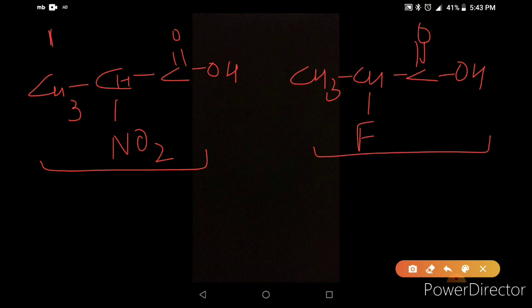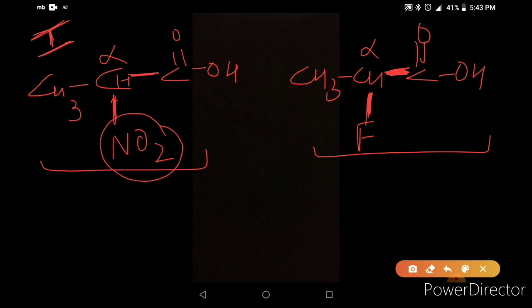The first point to be remembered is the distance, because minus I effect or plus I effect operates through distance. The farther the distance of the electron withdrawing or electron donating group, the lesser the I character. So I strength will decrease with distance. But luckily in this case, we have fluorine attached to the alpha carbon of the carboxylic acid and nitro also attached to the alpha carbon, and we know that the minus I effect of nitro is more than fluorine.